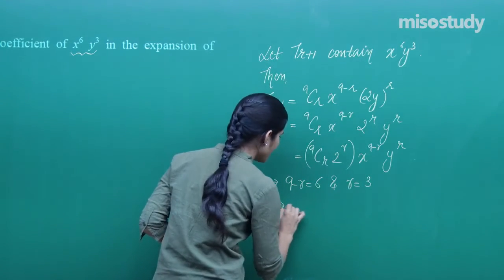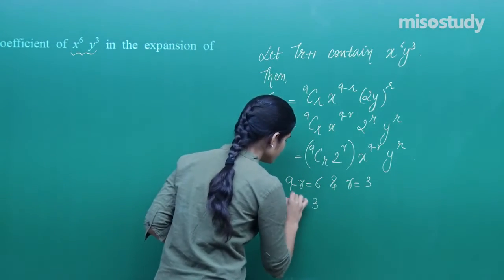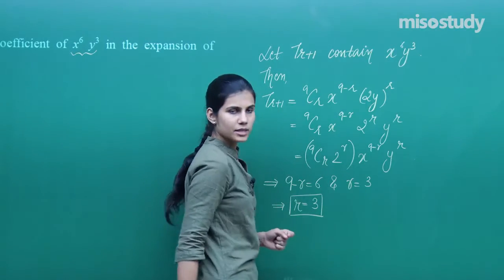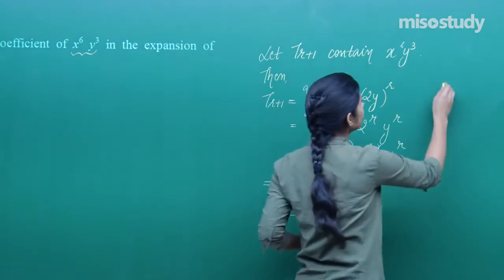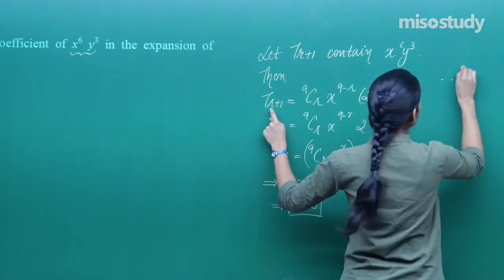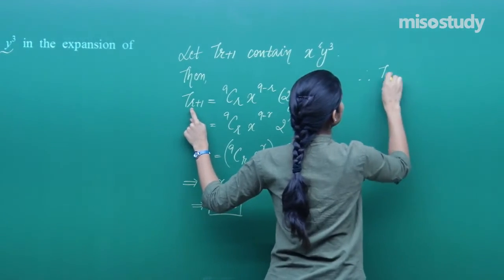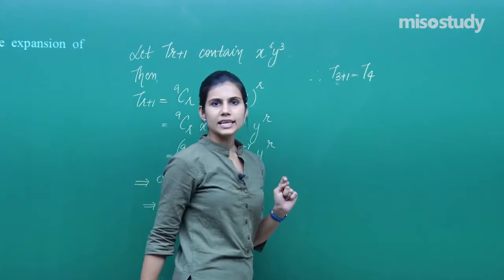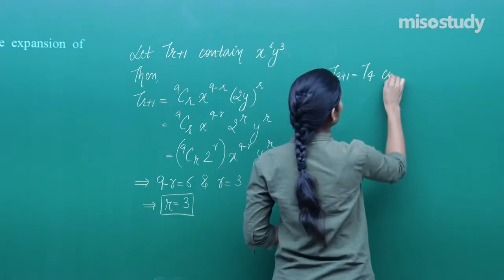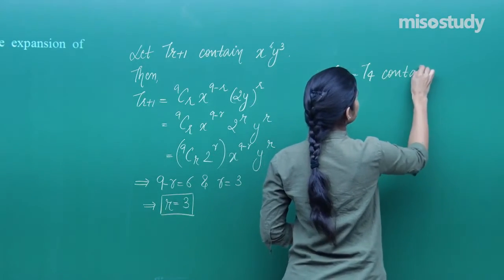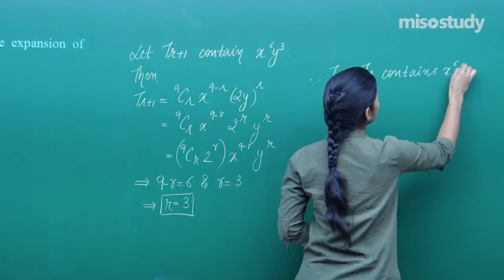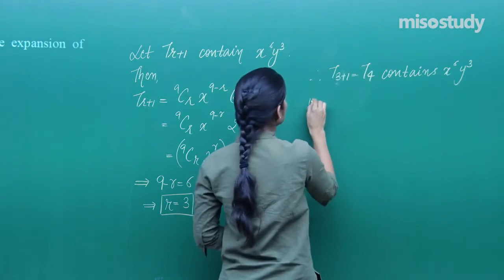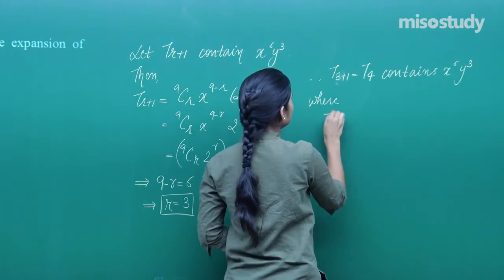But that can only happen when r is equal to 3. If r is 3, it is the fourth term which contains x^6 y^3. T4 contains x^6 y^3.